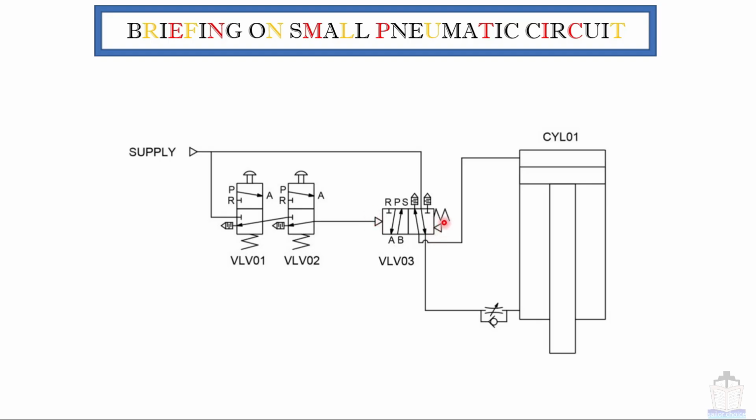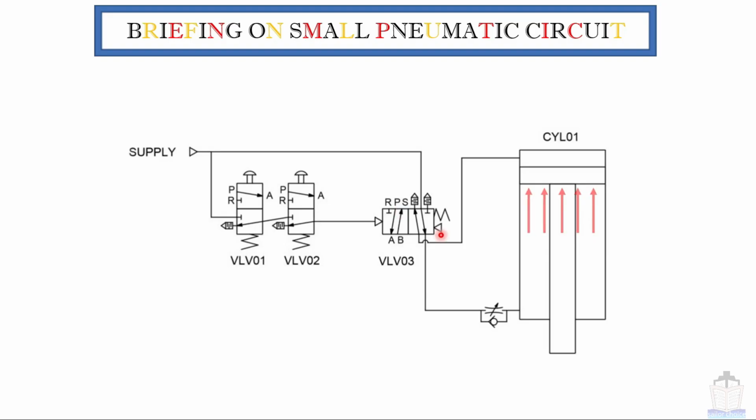This pilot air is showing that when pilot air is present over here, then pilot air will also be present over here. Now this air is acting from the underside of the piston and holding the piston in this place. Air will be released this way, or when the valve shifts, then air will release this way.